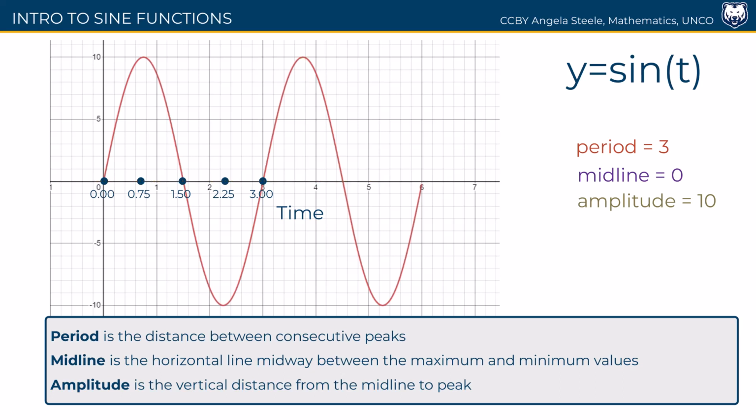And the other way to think about it that is not in that particular definition is that if we think about the max and the min, it's always going to be half of that. So you can think about we're 10 units above and then 10 units below, for a total distance of 20 units, and half of that is going to be 10. So it's just an alternative way of thinking about the amplitude. All right, so that is it for this first problem.